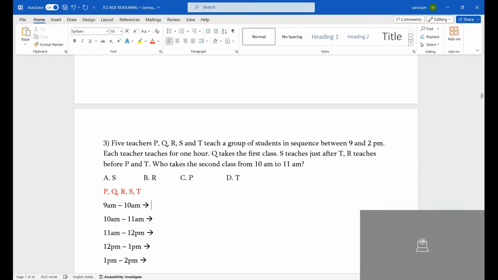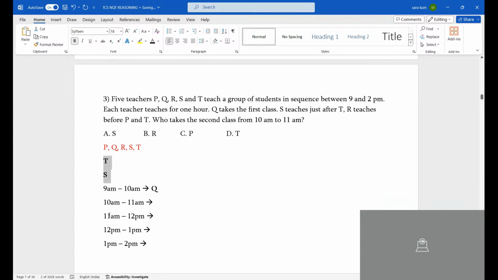They clearly say Q takes the first class, so just substitute Q in the first slot. Next, S teaches just after T, which means it should be like this. When they say S teaches just after T, it should be like this.